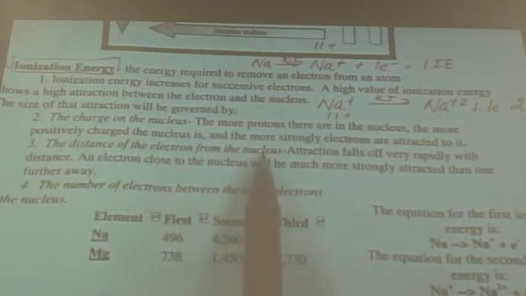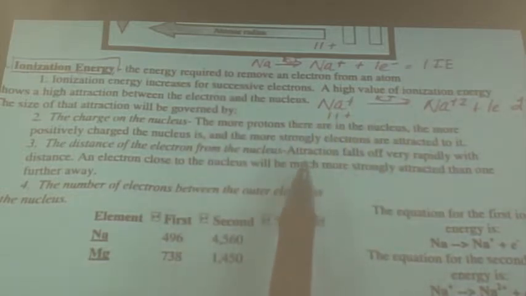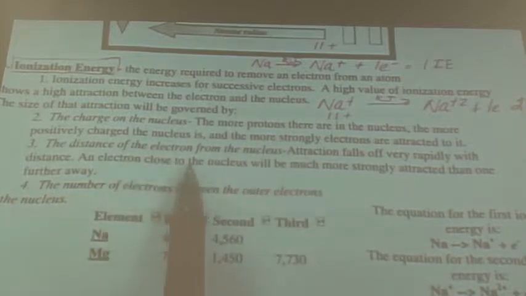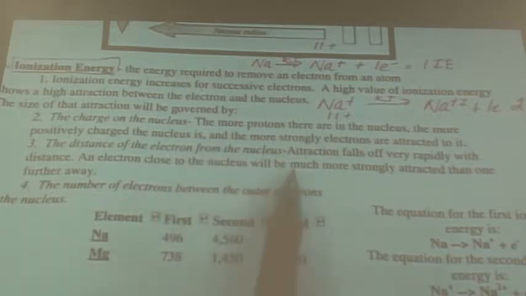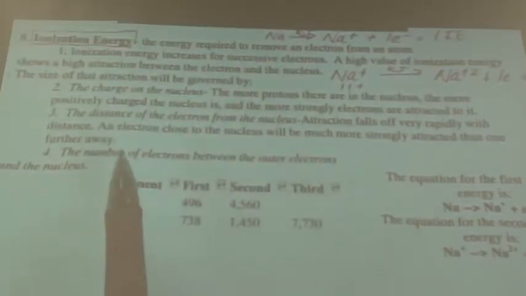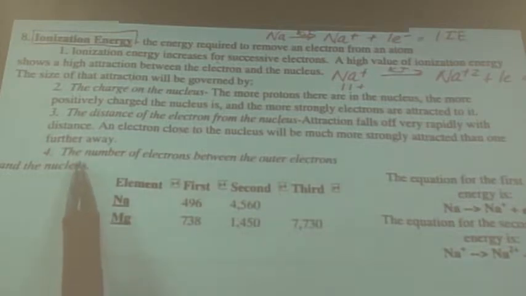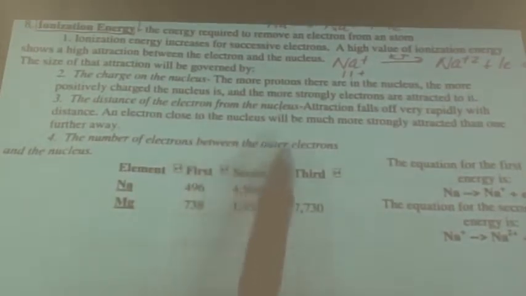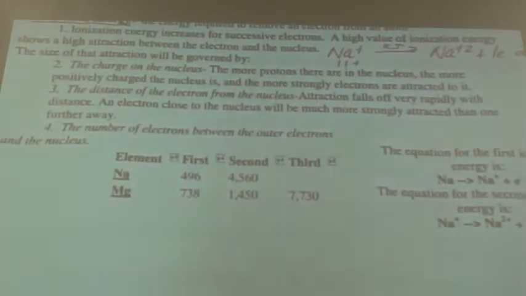If you have a valence electron in a high energy level, let's say period 6 or 7, that attraction is very slight because it's really far away from the nucleus. An electron close to the nucleus will be more strongly attracted to the nucleus than one further away. And it also depends on the number of electrons between the outer electrons and the nucleus. What do we call those electrons? The core electrons, the core electrons.